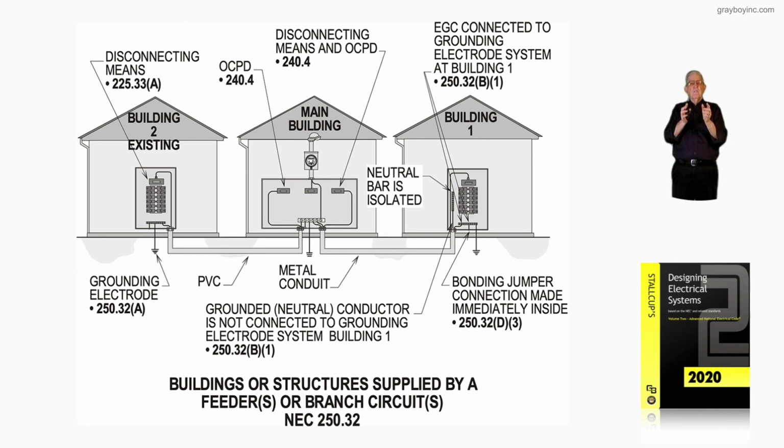And then you would see if it was large enough to be your neutral. And you may say, well, no, 220.61 requires a 1-aught neutral because we have a lot of neutral load in that panel board. So 1-aught would have to be used instead of number 4. And if you happen to have a lot of phase-to-phase loads without neutrals involved in building number 2, and you may calculate a number 6 neutral, but you need a number 4 to serve as an equipment ground and a path for the fault current, then you'd have to bring it up to number 4.